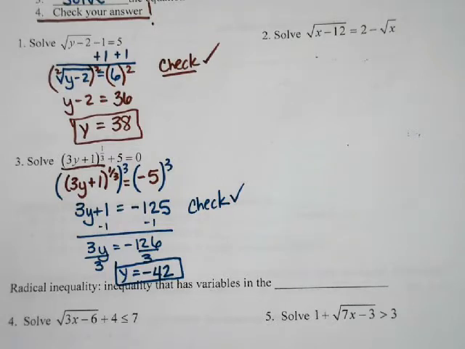Okay, questions on either one of those two? Okay, now let's go back and look at number 2. Number 2 says the square root of x minus 12 is equal to 2 minus the square root of x. Remember, we can only combine radicals if they have the same radicand and the same index.